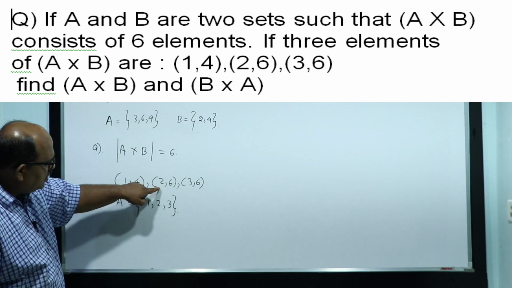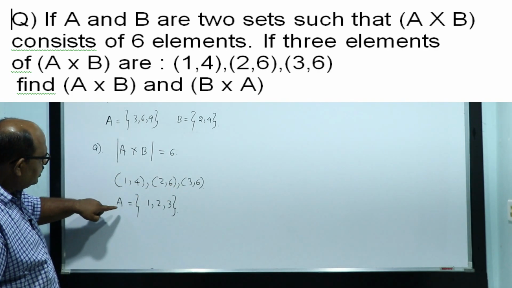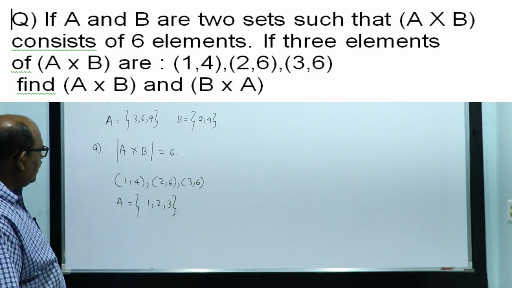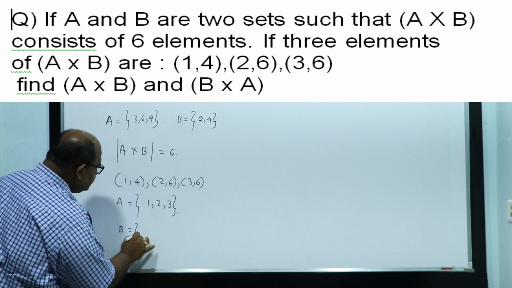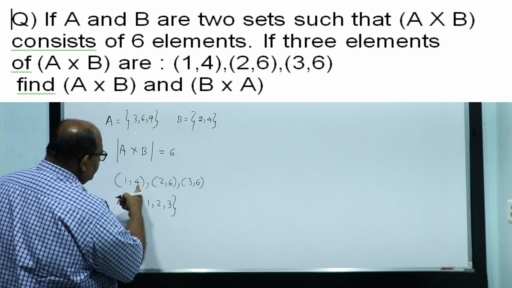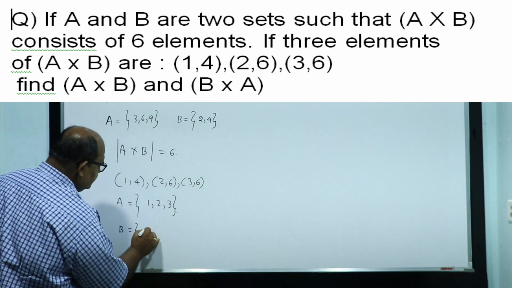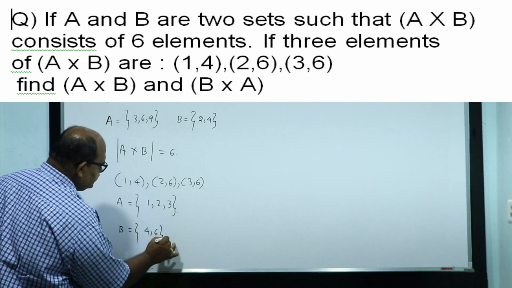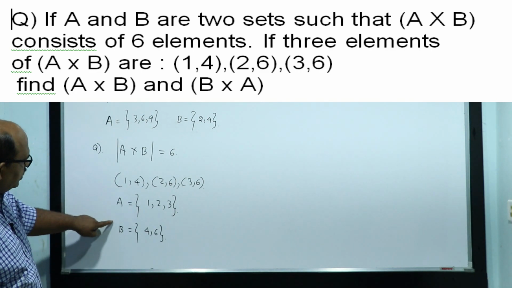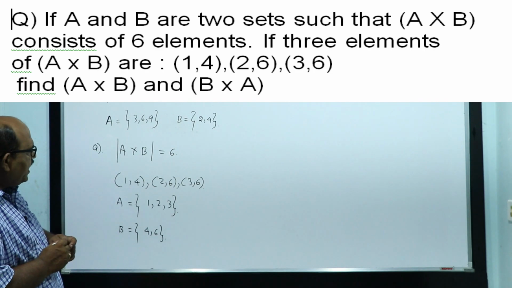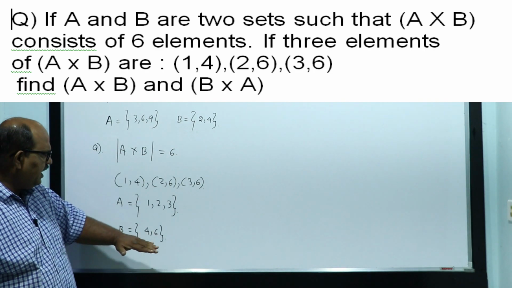So from the ordered pairs, I can conclude that set A contains 1, 2, 3. Similarly, set B contains what? 4 and 6. So now we can write A into B and find the other 3 elements.